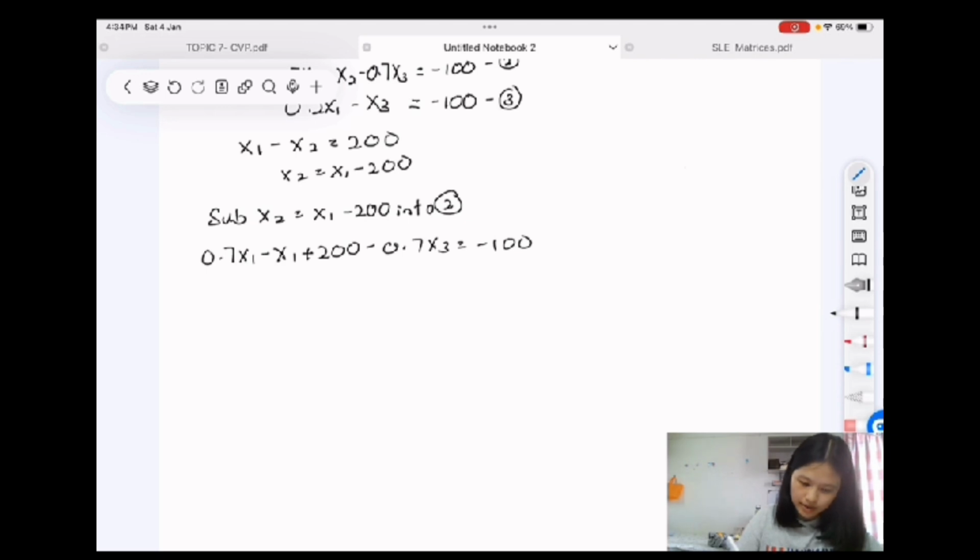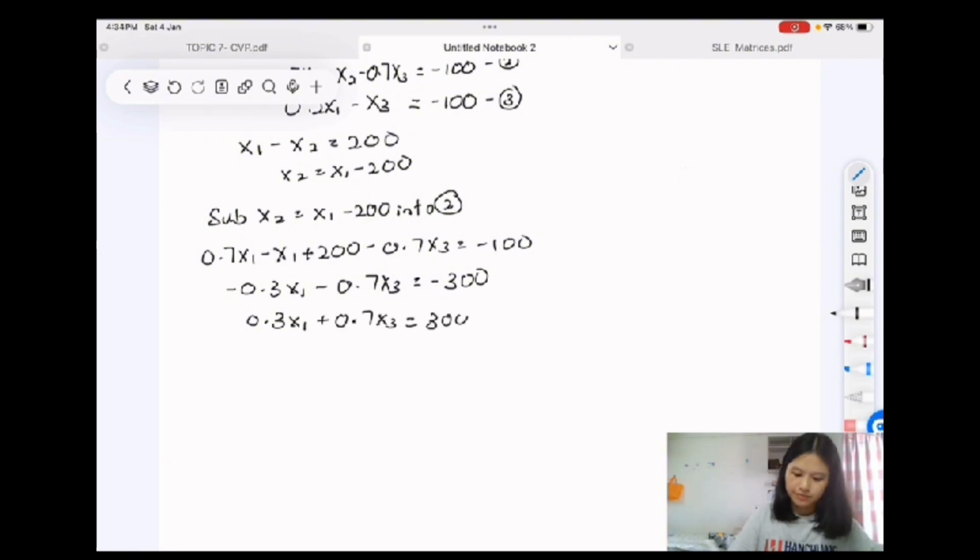So we will get 0.7x1 minus x1 plus 200 minus 0.7x3 equals negative 100. 0.7x1 minus x1, we will get negative 0.3x1 minus 0.7x3 equals negative 100 minus 200, we will get negative 300. So 0.3x1 plus 0.7x3 equals 300.